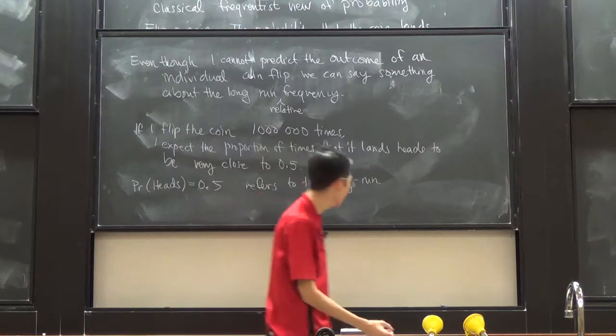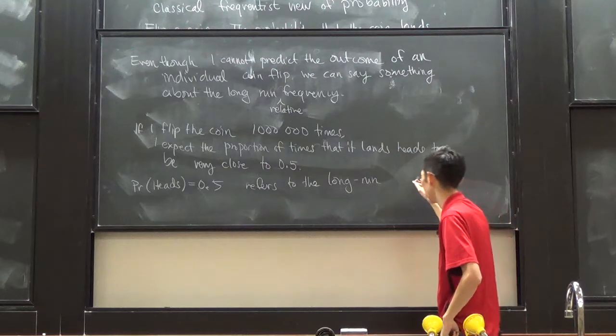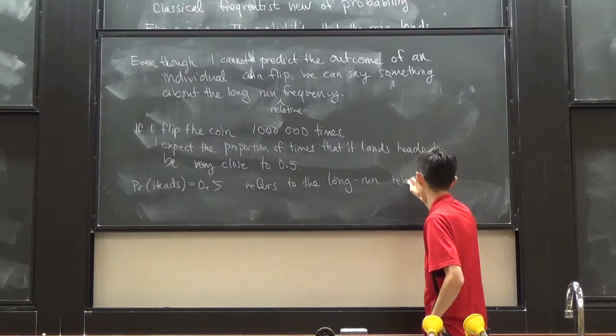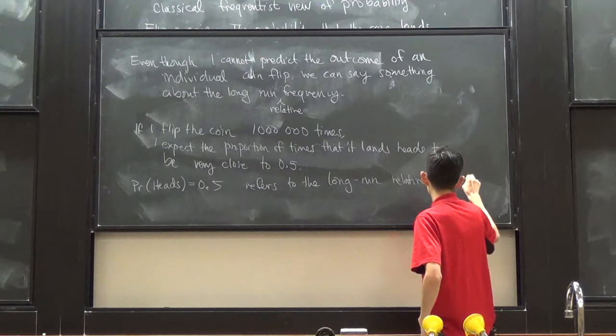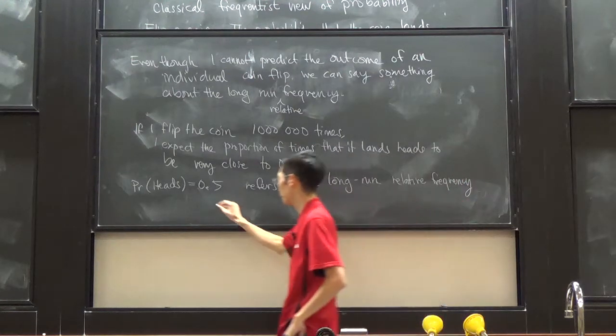It's a lot, but it refers to the long run relative frequency that the coin lands heads.